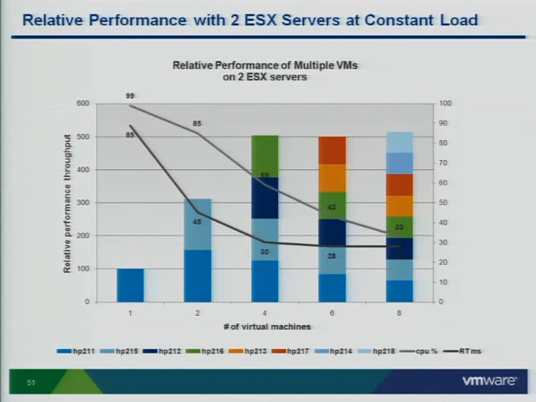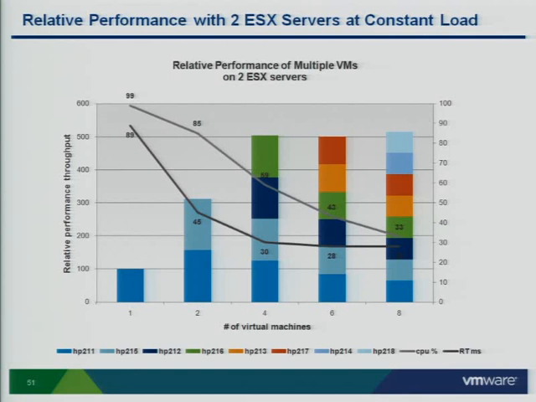In this chart, with 1 CPU, 1 virtual machine, you are running the virtual machine on 1 ESX server, and with 2 virtual machines, you are running 1 virtual machine on 1 ESX server, and the other virtual machine is running on another ESX server.